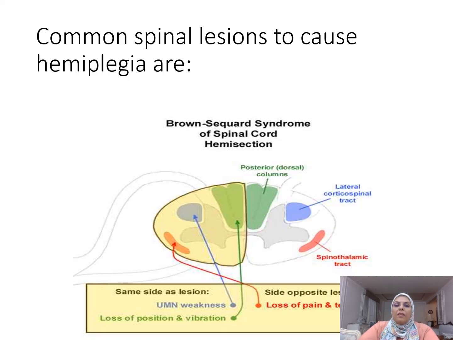So whenever we have hemisection of the spinal cord, we describe the lesion as having a lesion here, for example. Above the level of the lesion, there is nothing. At the level of the lesion, ipsilateral, I have lower motor neuron manifestations due to the affection of the segment. Below the level of the lesion, ipsilateral, I have pyramidal signs and loss of deep sensations, while I have loss of the contralateral superficial sensations that will transcend through this lesion coming upwards.